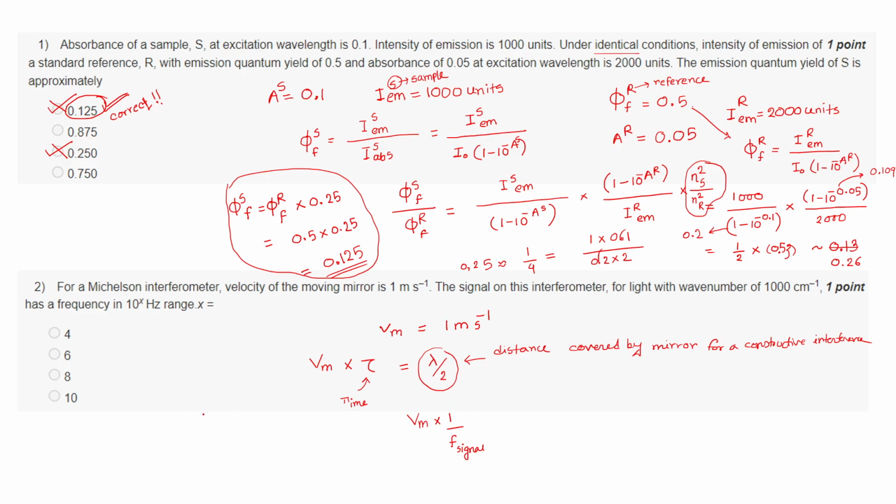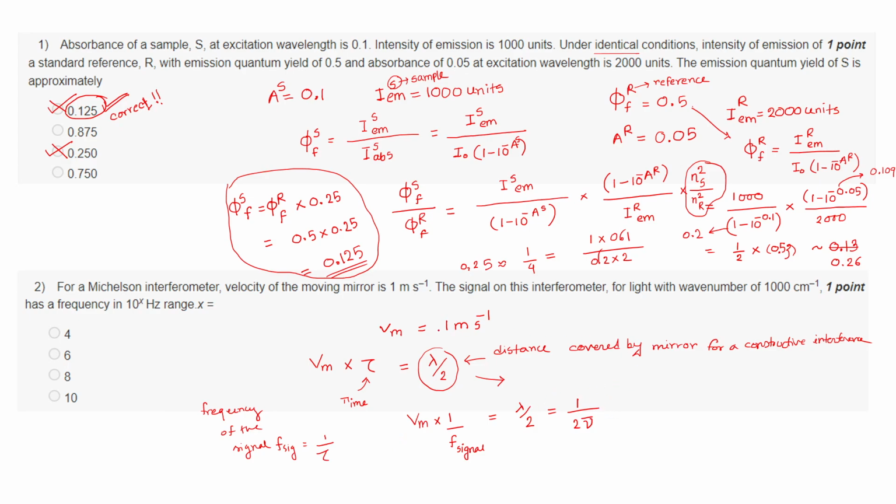So the frequency of the signal, f signal, is equal to 1 by tau. So you are eventually going to get from here lambda by 2, and your lambda is 1 upon mu bar, right? 2 mu bar, or the wave number.